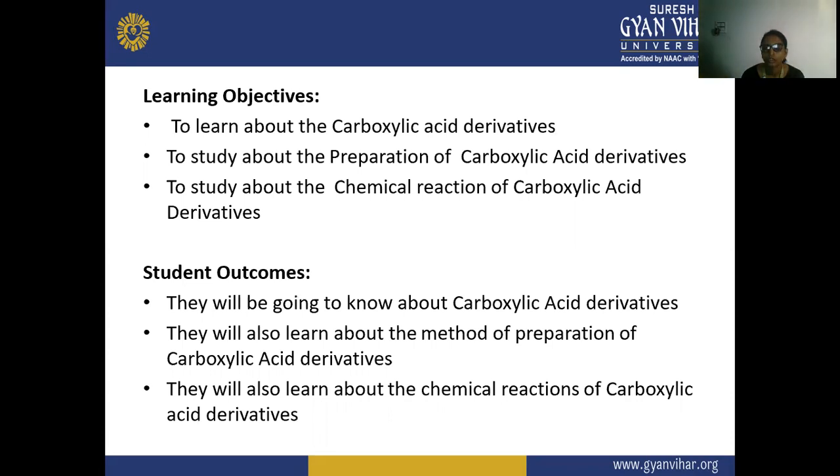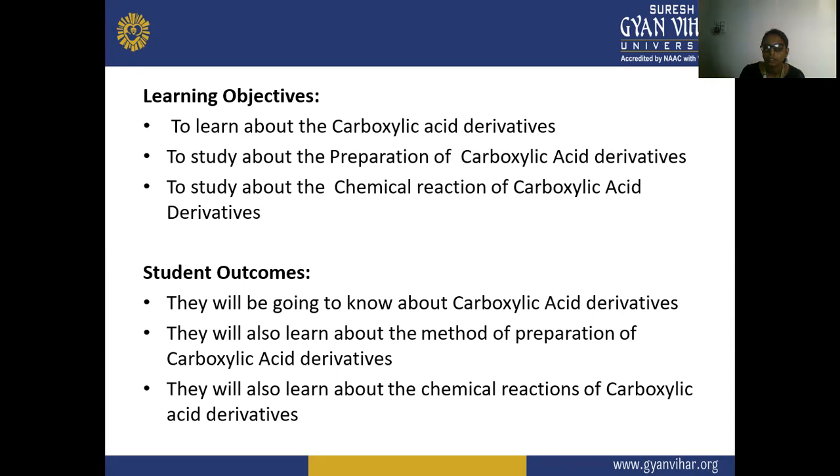So today we are going to see the ones that were left from the last lecture, and also learn about the chemical reactions of these carboxylic acid derivatives, how chemically they react with another reagent and form other products. So let's start the topic.